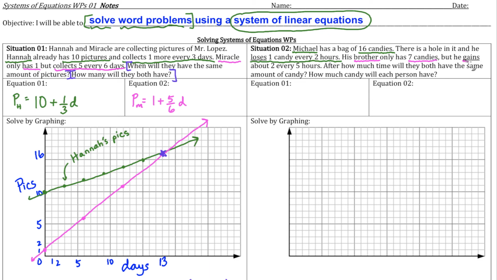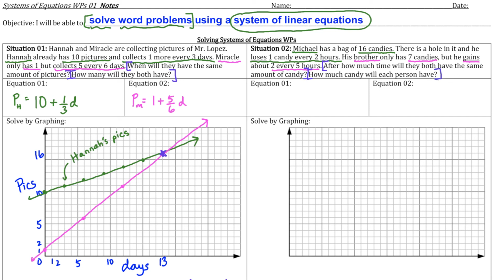But his brother gains about 2 every 5 hours. All right. So the questions are: after how much time will they both have the same amount of candy? And how much candy will that be?